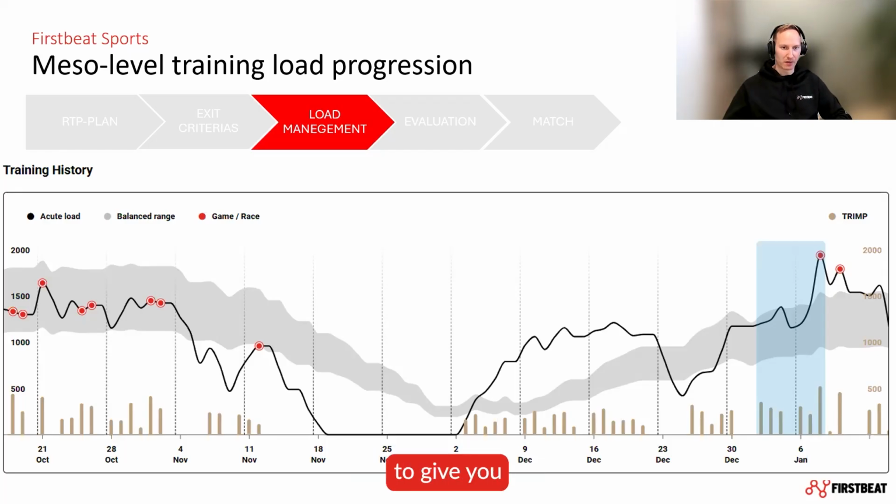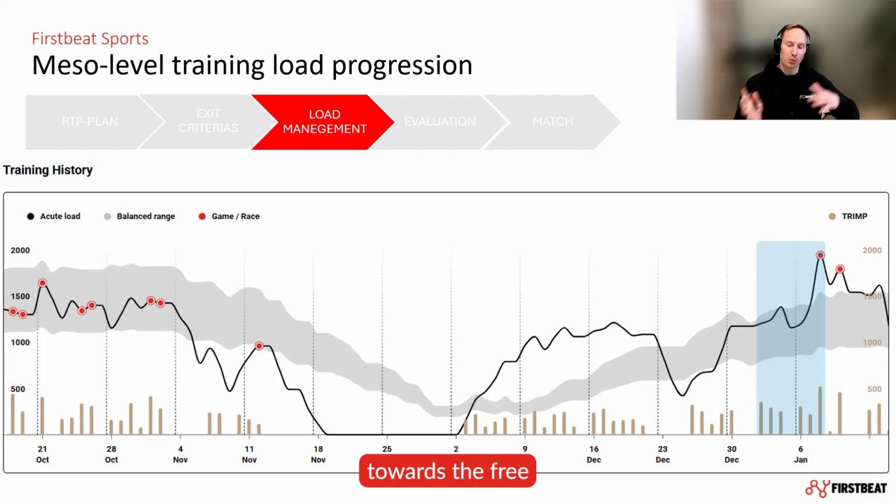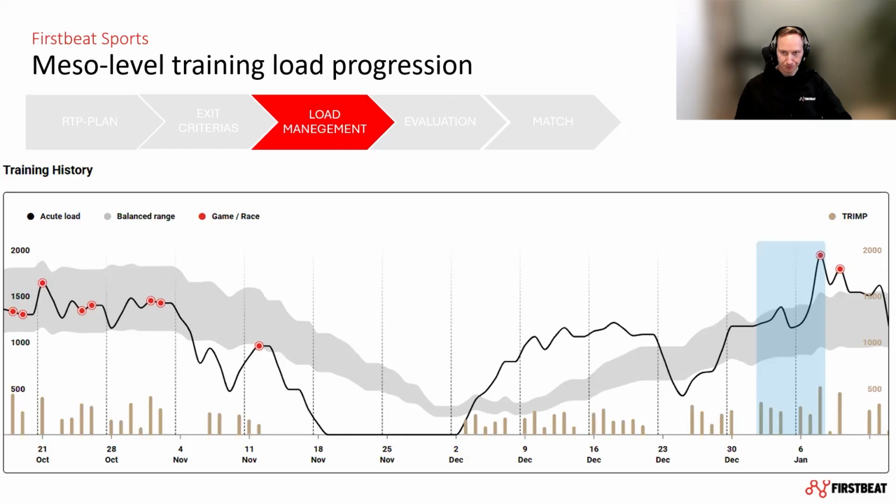And then to give you more context, these red dots are representing games on the chart. So this looks pretty good in terms of progression. The load was constantly progressing towards the pre-injury values and looks good at this stage.